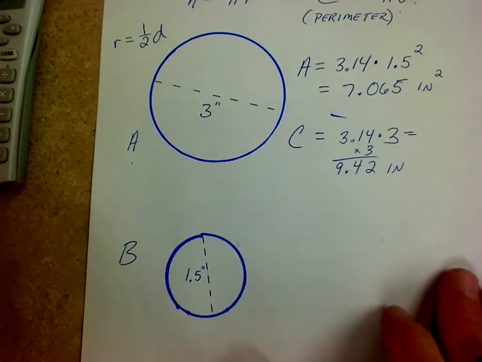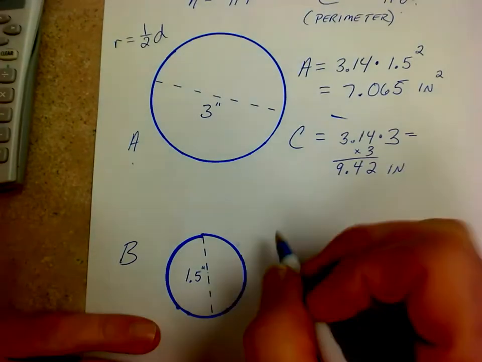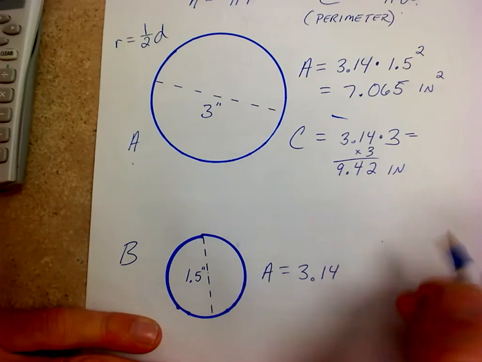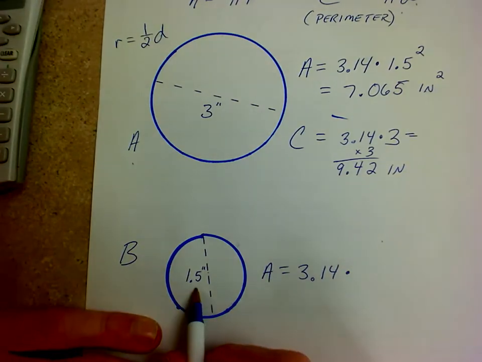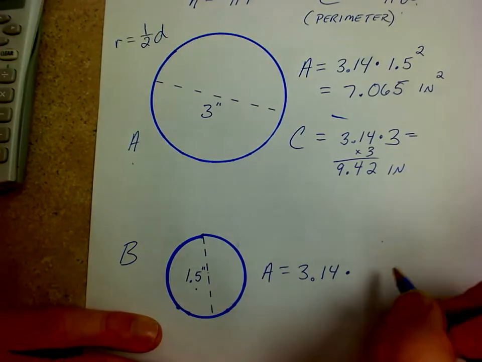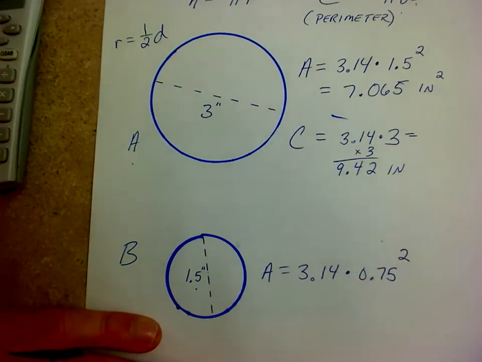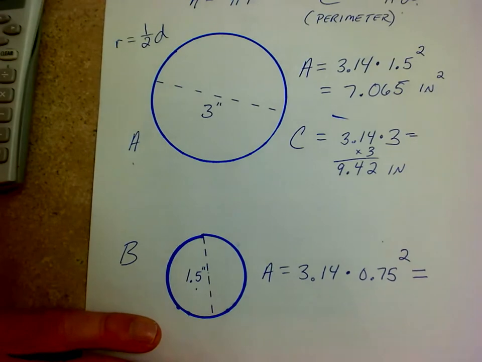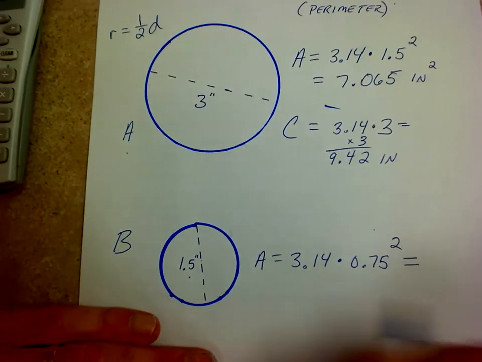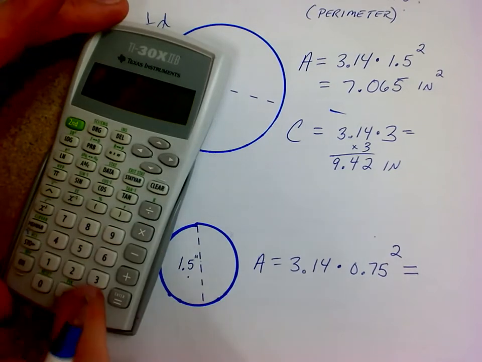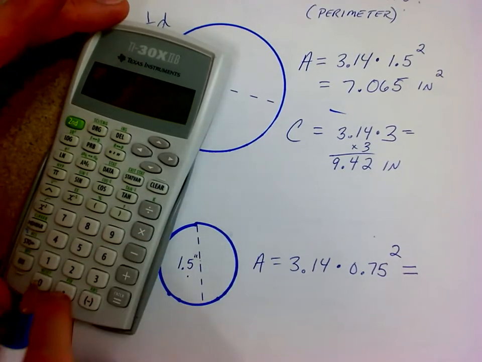And then circle B is going to be very similar to that approach. Area is pi times our radius. So again, we go half of 1.5, so that's going to be 0.75 to the second power. Again, a lot of decimal work, squaring. You have your expression written there.